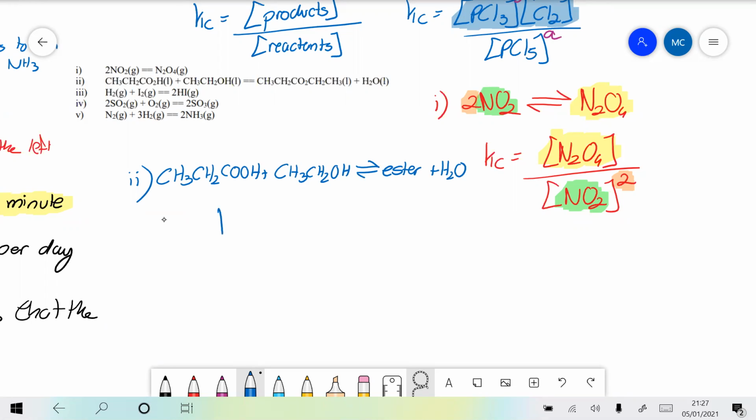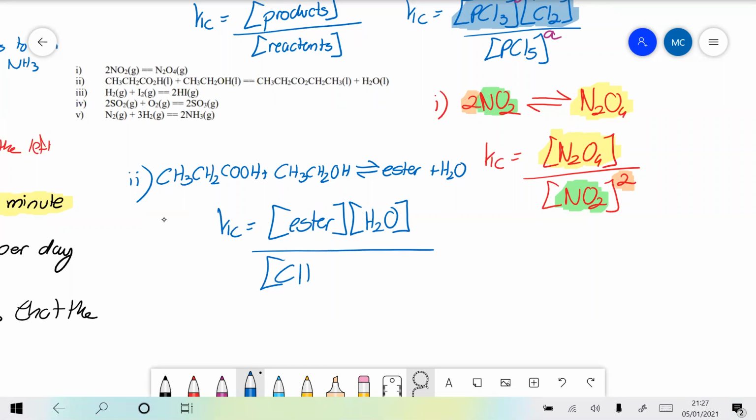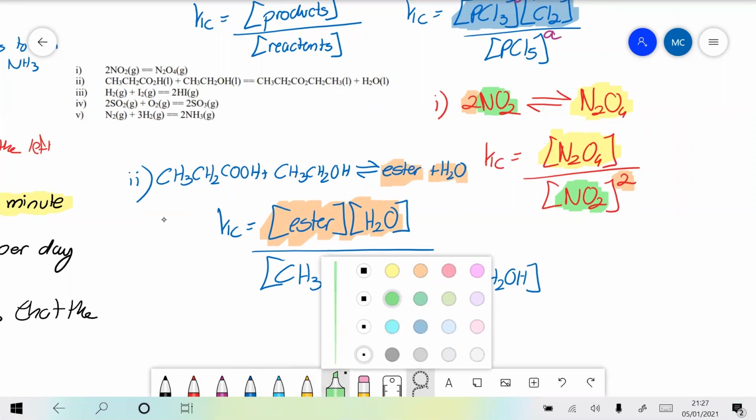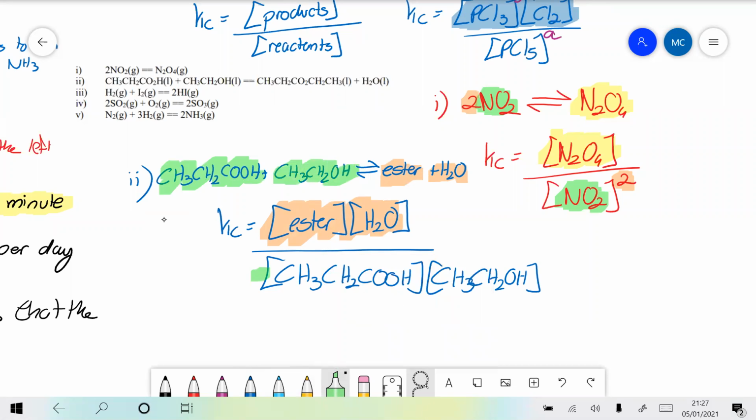So here, Kc is equal to concentration of ester times concentration of water over the carboxylic acid, propanoic acid, times the ethanol or the alcohol. And again, we can see products over reactants. And this will always be the case, where it will be products over reactants.